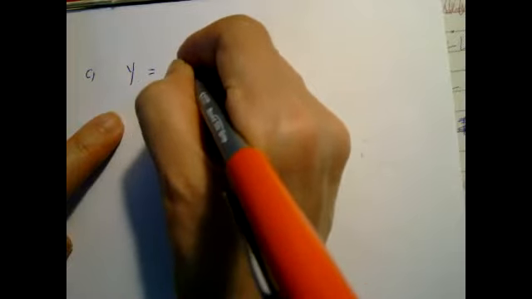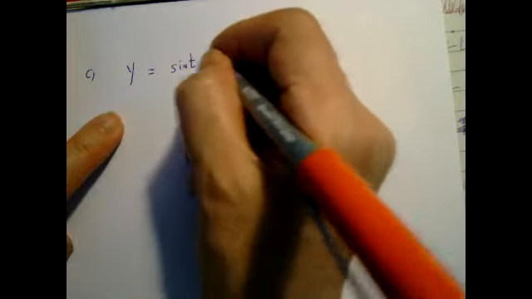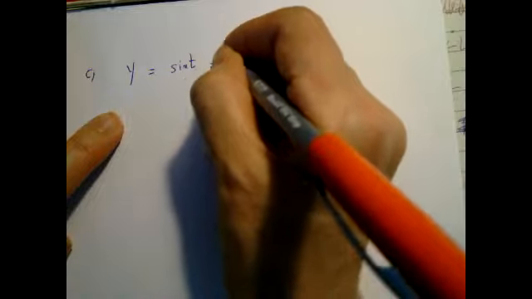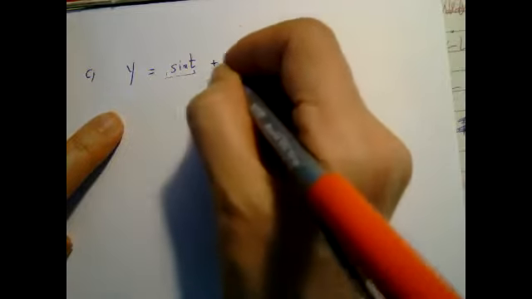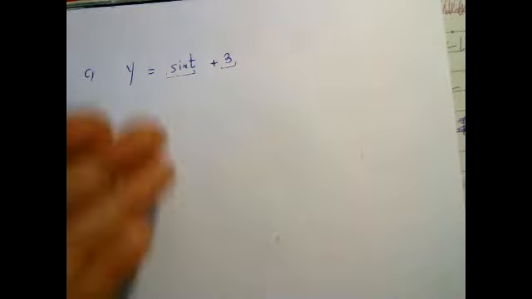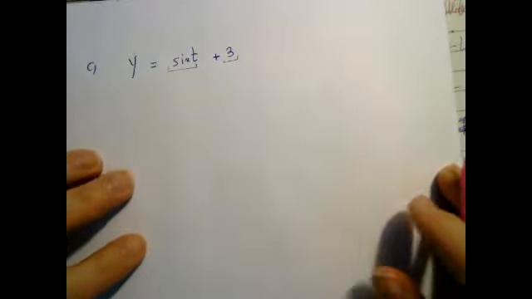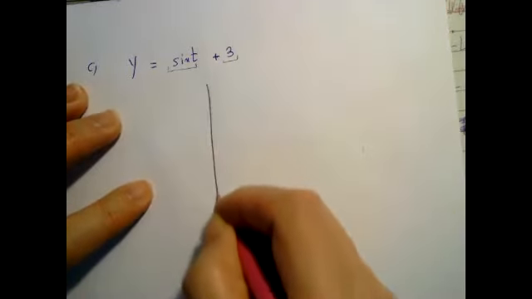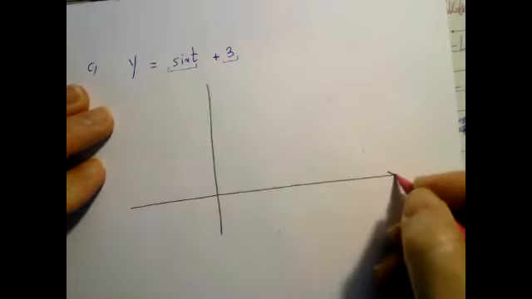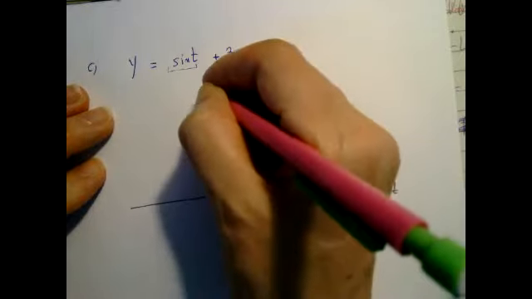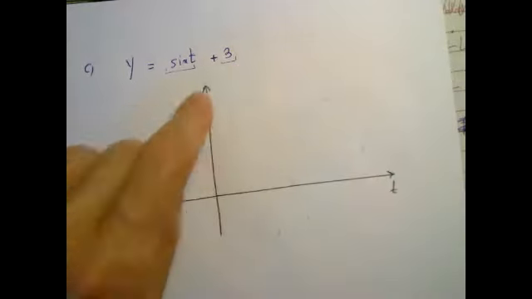Last piece is I'm going to graph y equal the sine of t, whatever the sine of t is, plus, for example, 3. So I'm going to add 3 to the output. And how will this affect the graph? I mean, what's the graph of this new function? Okay. I start with the graph of sine, and then from there, I build the sine t plus 3.